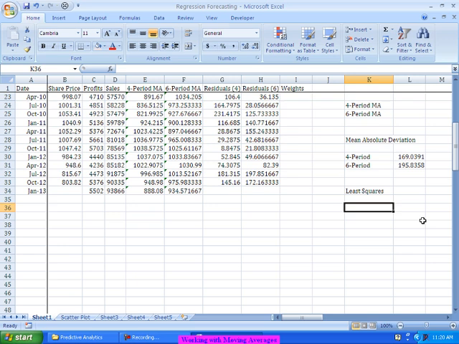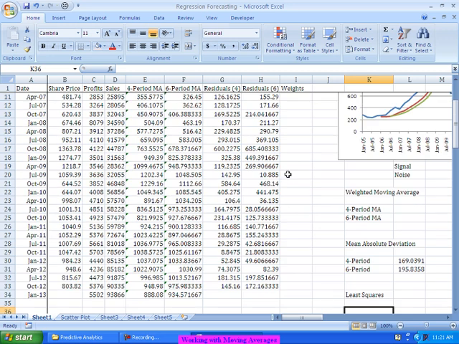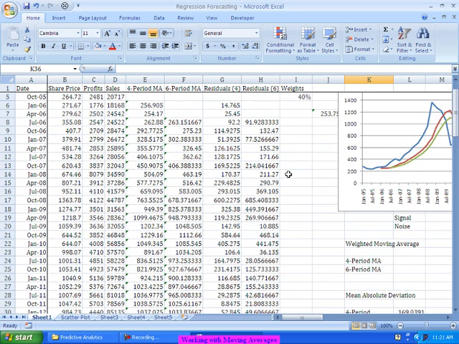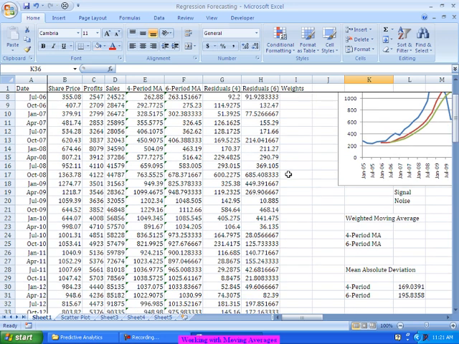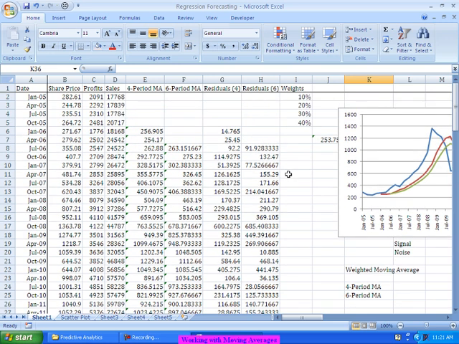Now what it simply says is, instead of simply taking the average of the residuals, you find out the square of these residuals and then take their average.